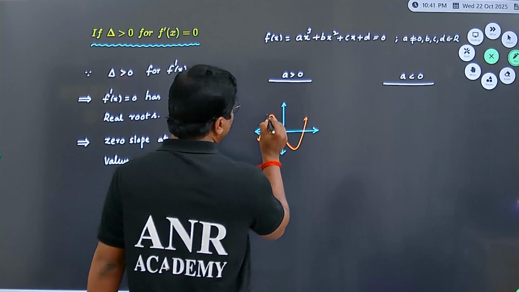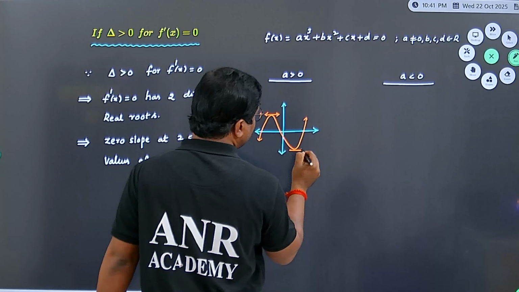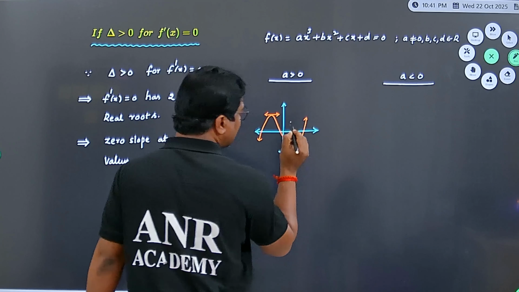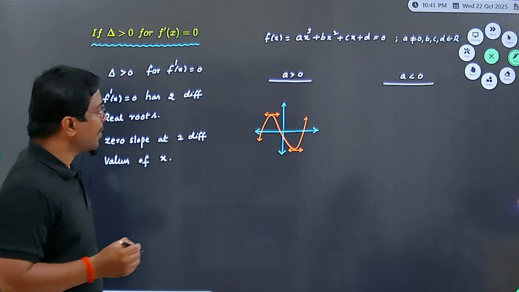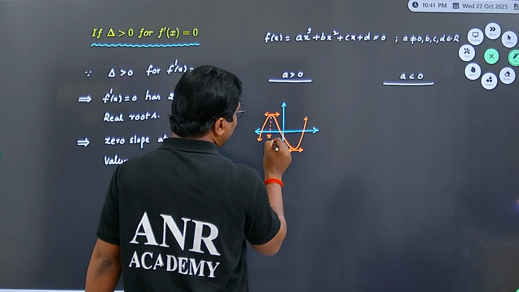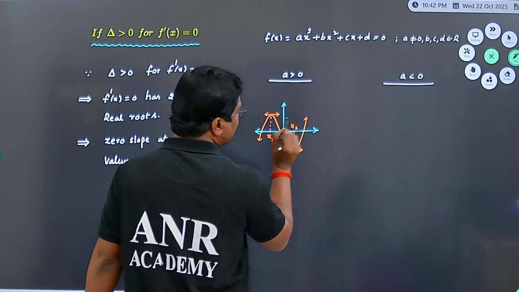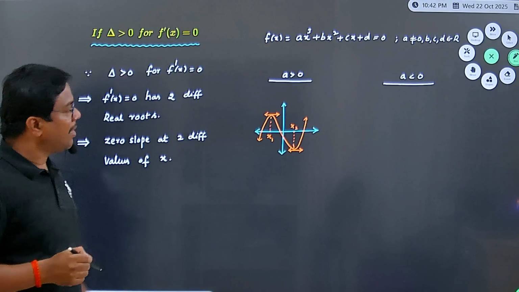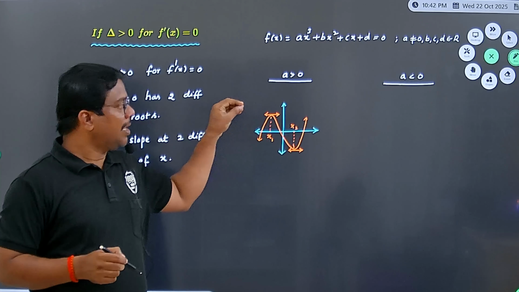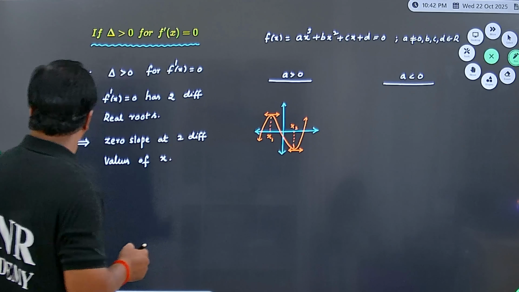Clearly here slope is 0 and here also slope of the function 0. Assume that this is one point x1 and this is another point x2. This is the case and this is the diagram when a value more than 0, remember.